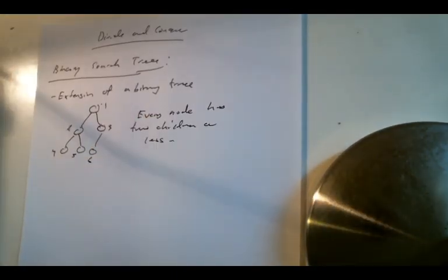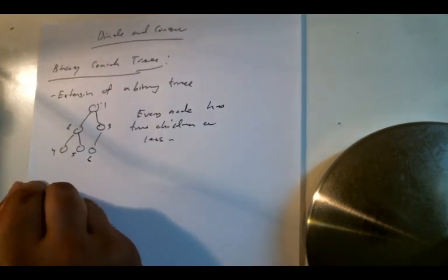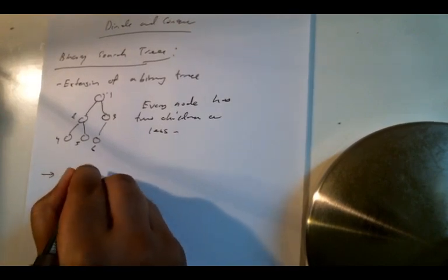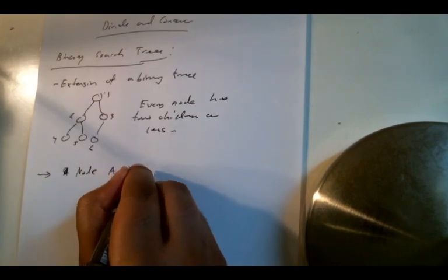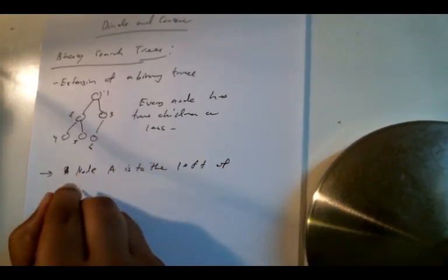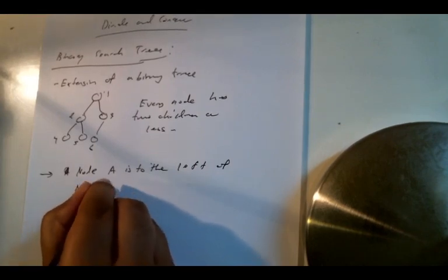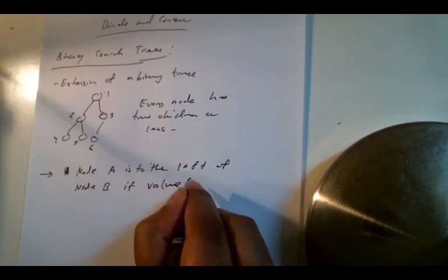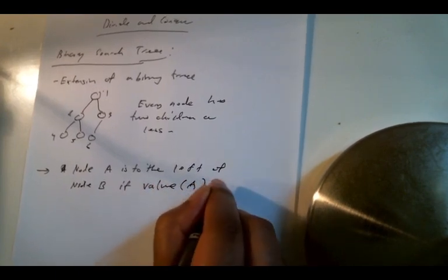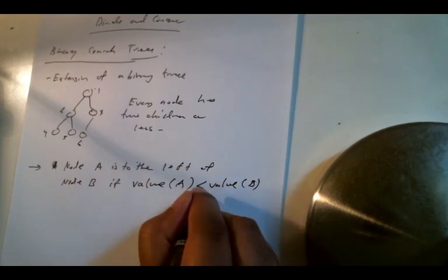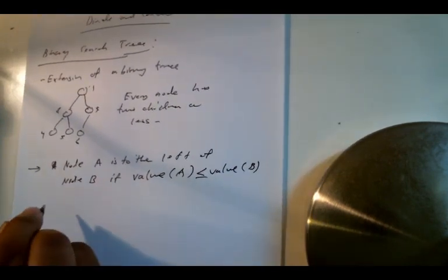Now, a binary search tree is an extension of this where node A is to the left of node B if the value of node A is less than the value of B. Okay, let's say it's less than or equal to.